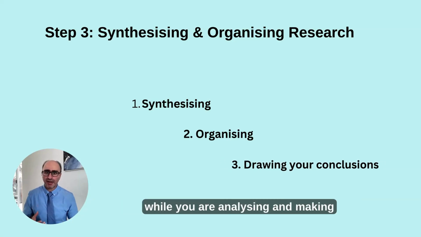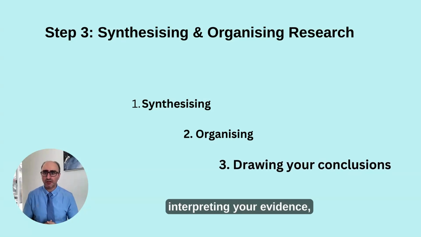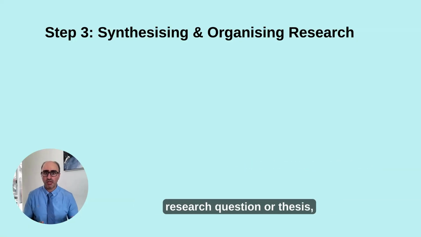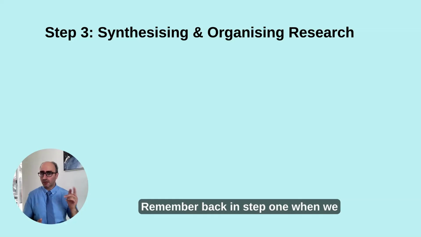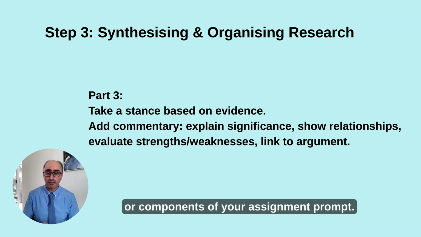Now, while you are analyzing and making connections between ideas, interpreting your evidence, and linking your evidence back to your research question or thesis, you are also forming an opinion and taking a stance. Remember back in step 1, when we talked about specific words or components of your assignment.